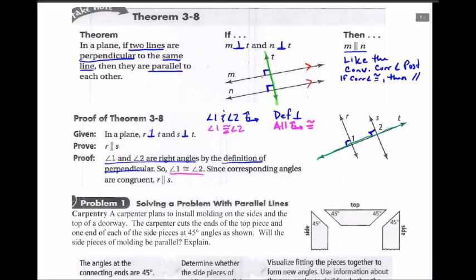And then these are just corresponding angles here. I can say that line R is parallel to line S by the converse of corresponding angles postulate.